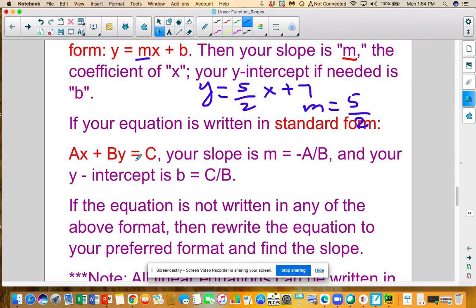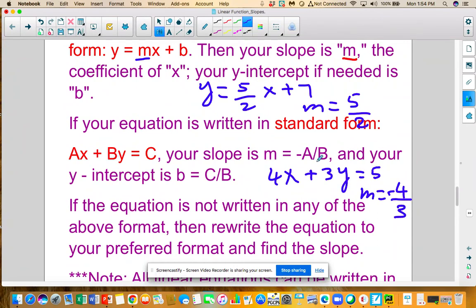If it's written in standard form, then you find the slope by dividing the opposite of A over B. For example, if they give you in standard form 4x plus 3y equals 5, the slope of this line would equal negative A over B, so negative 4 over 3, where B is 3.